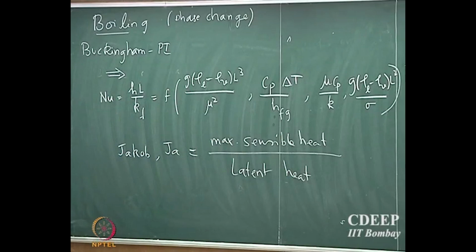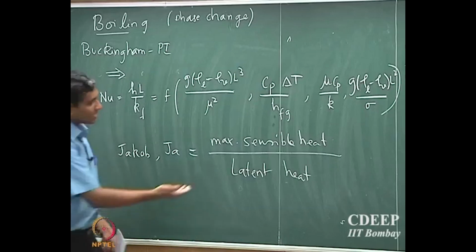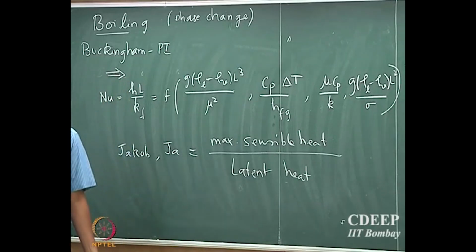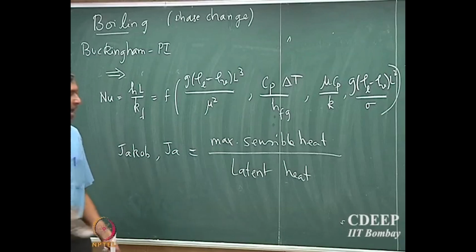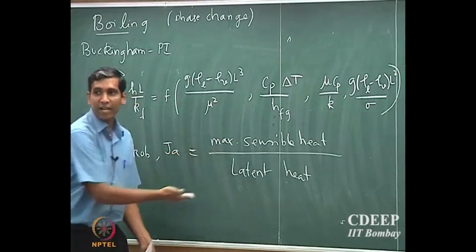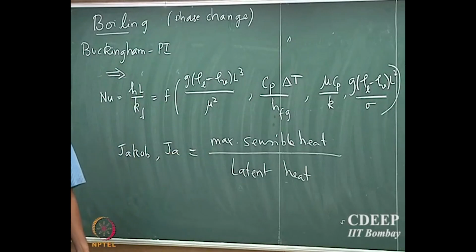So, it is the ratio of the sensible heat that is carried divided by the corresponding latent heat. This tells you what fraction of the heat supplied to the fluid particle is carried as sensible heat and what fraction is actually used for phase change. So, whatever heat you supply to the fluid is used for transport of heat via sensible heat and also for change in the phase.